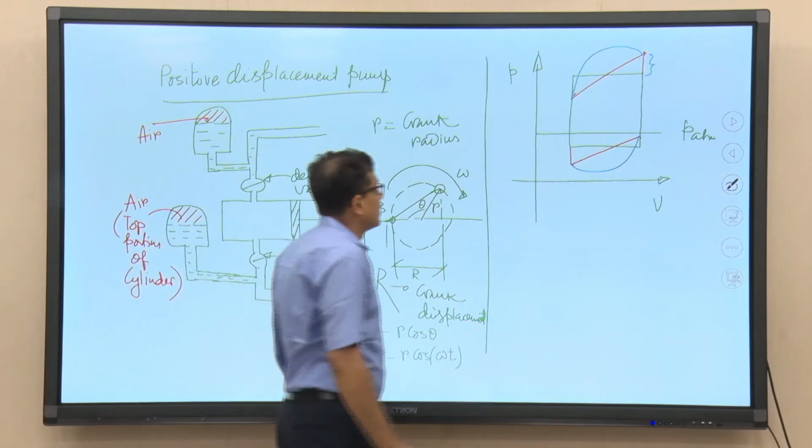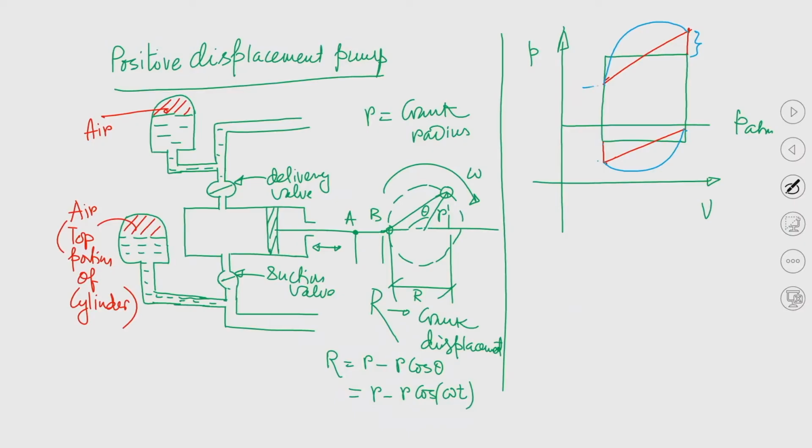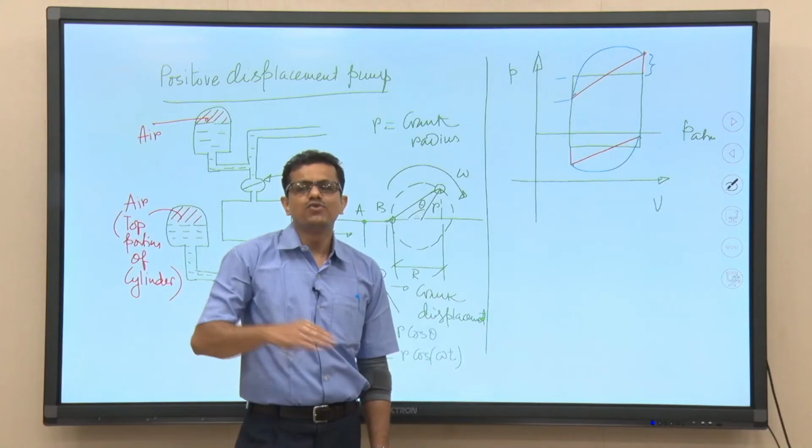And towards the end of the delivery stroke, what we can see, pressure again falls. So, what will happen, the liquid mass in the cylinder as well as in the delivery line will have deceleration.